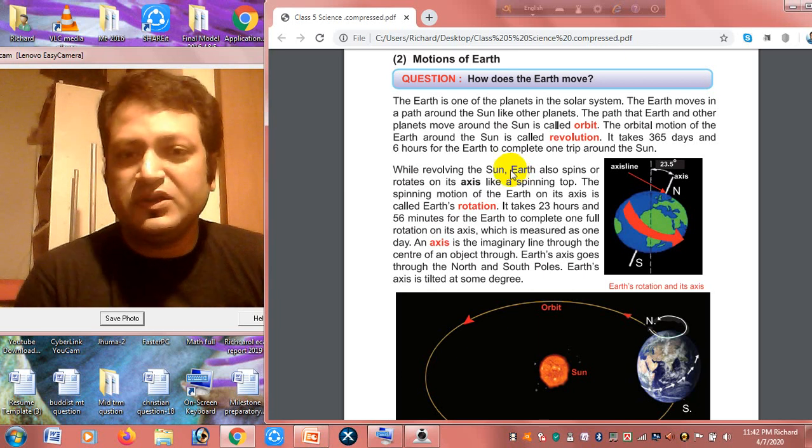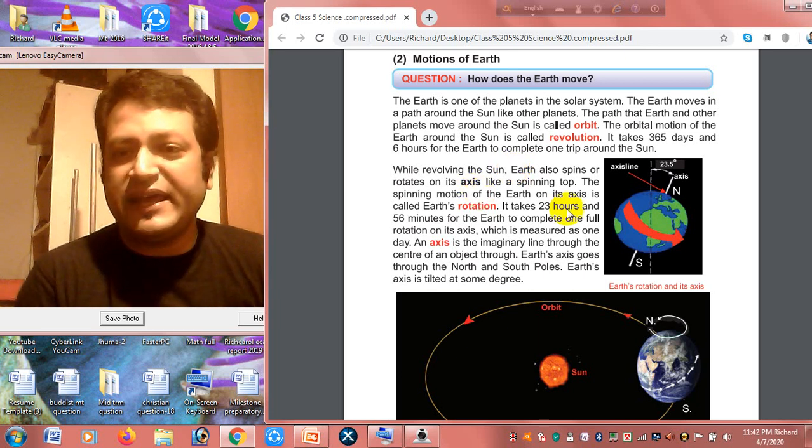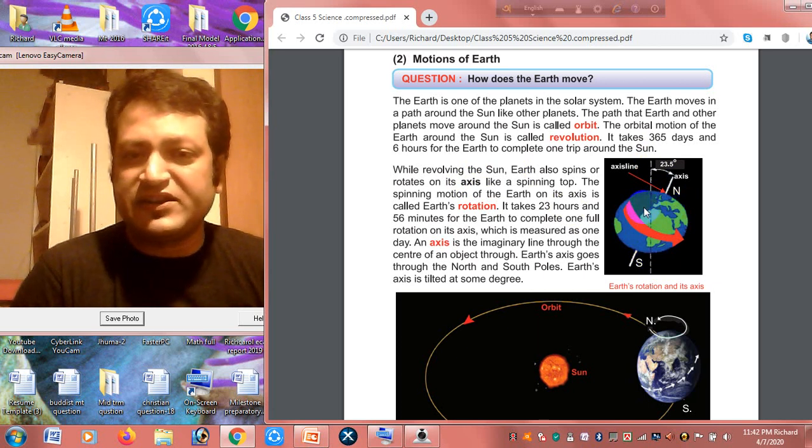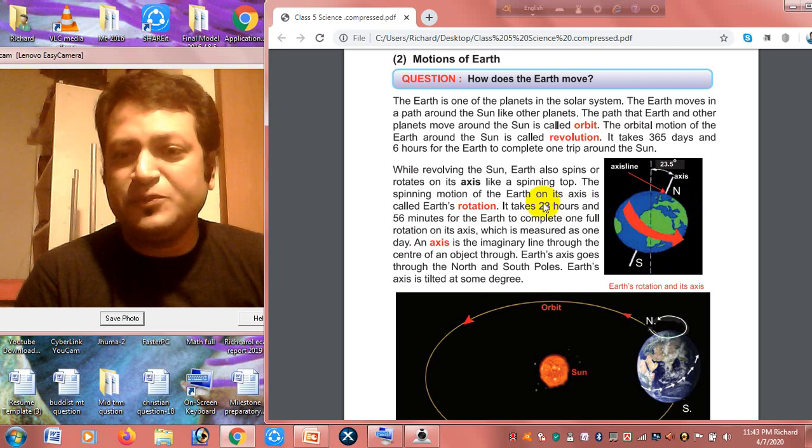So if you want to see the axis, it's just one line. It divides the Earth into two halves, the northern hemisphere and the southern hemisphere. We'll discuss these things later on. The spinning motion of the Earth on its axis is called rotation.